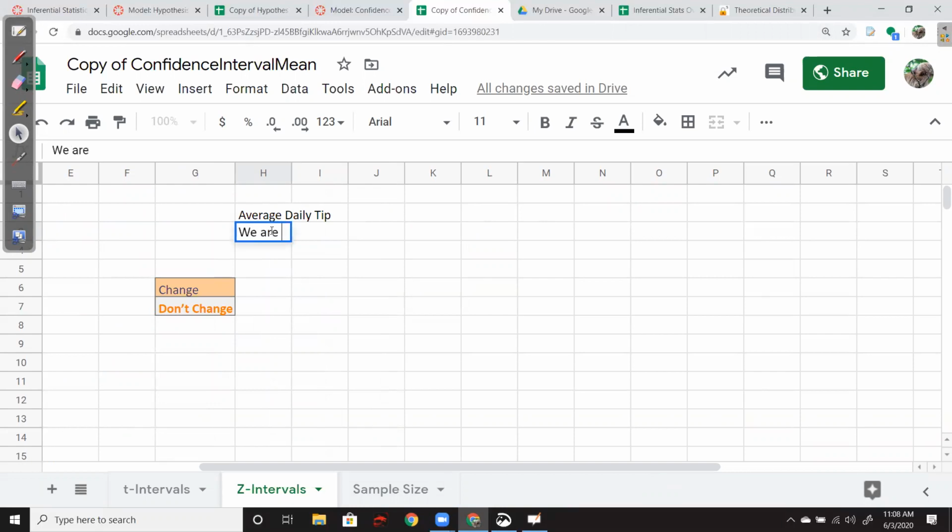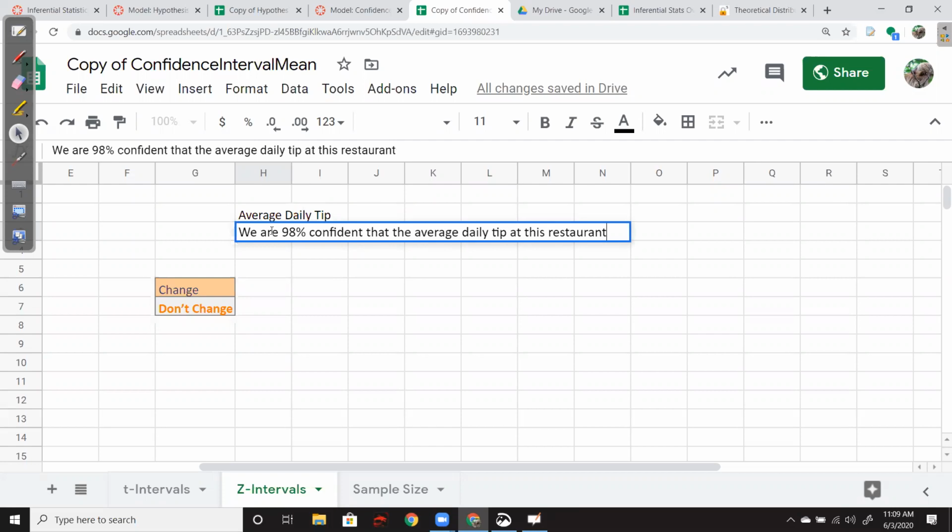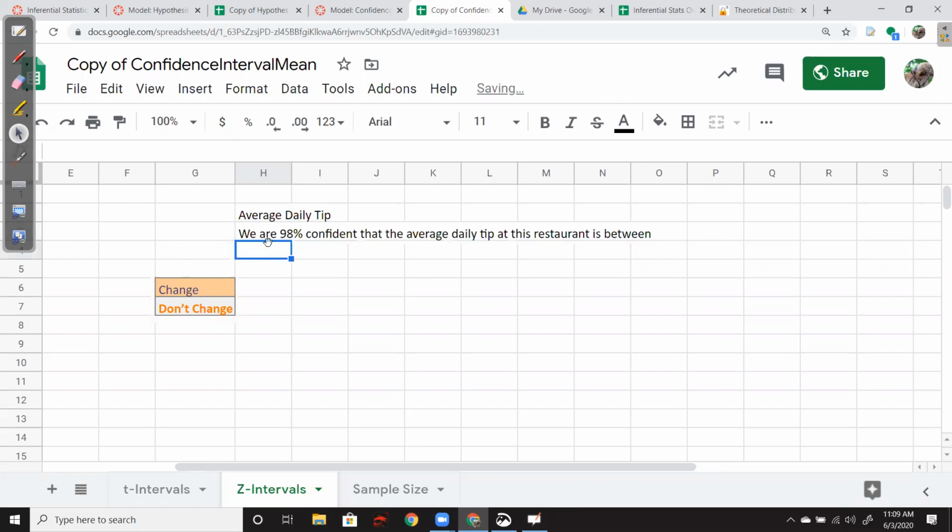Okay, so we are 98% confident that the average daily tip at this restaurant is between, now let's jump to a new line, $3.40 and, always make sure you have the units in there, $4 and let's round it to 30 cents.